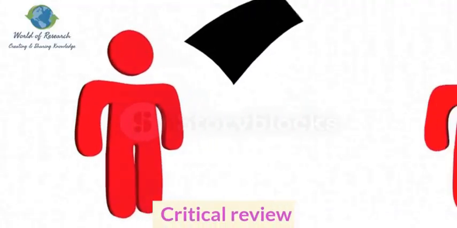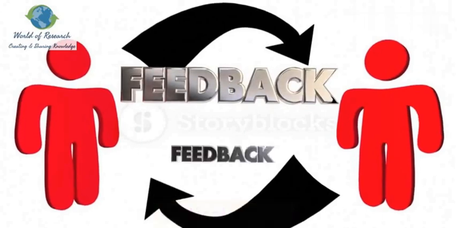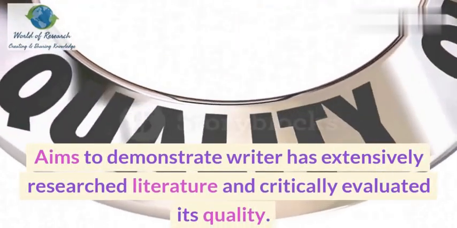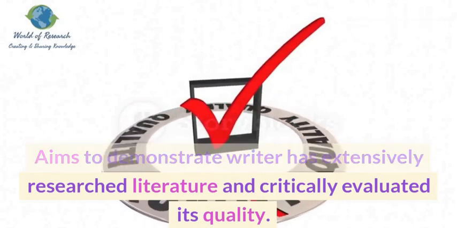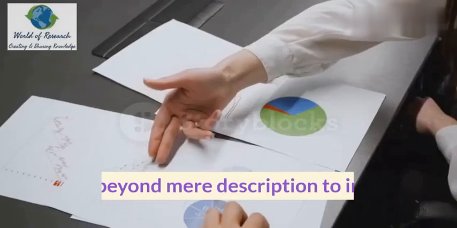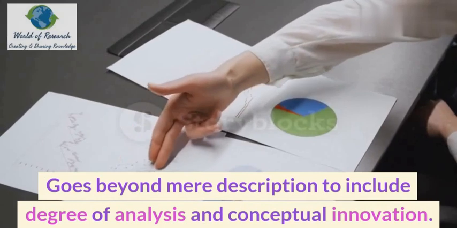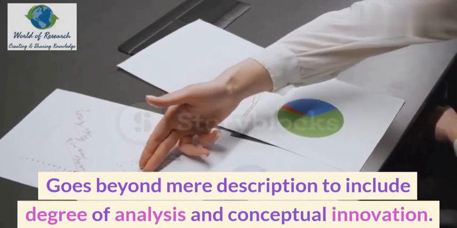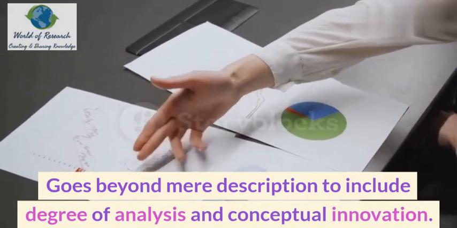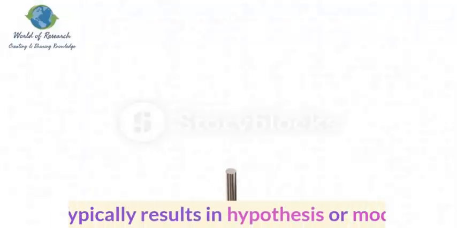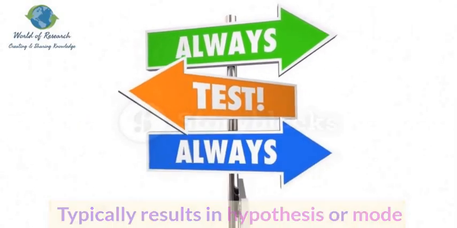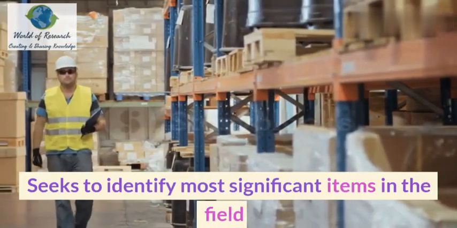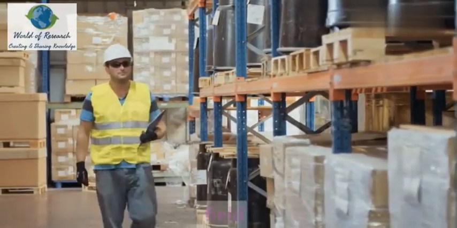Critical review. A critical review aims to demonstrate the writer has extensively researched the literature and critically evaluated its quality. It goes beyond mere description to include a degree of analysis and conceptual innovation. It is typically hypothesis-generating, or it seeks to identify the most significant items in the field.